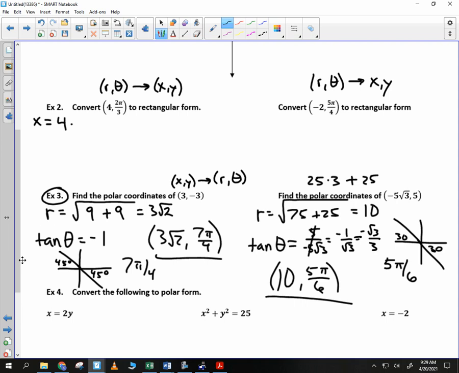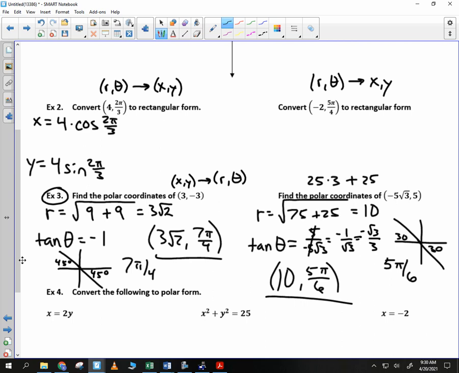We just wrote it up there. Cosine of, which is 2 pi over 3. Y is going to be 4 times the sine of 2 pi over 3. That's all it is. Now we just have to come up with the exact value.